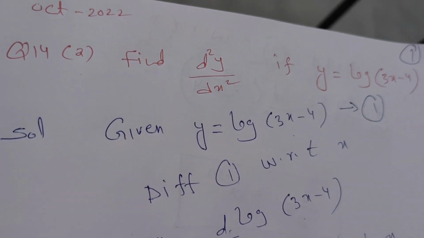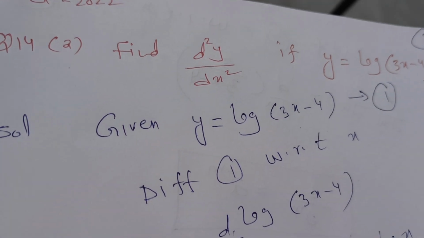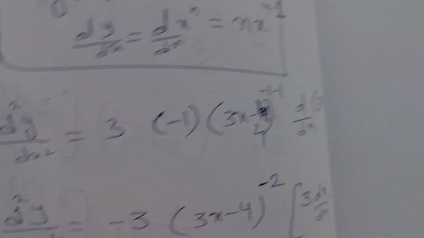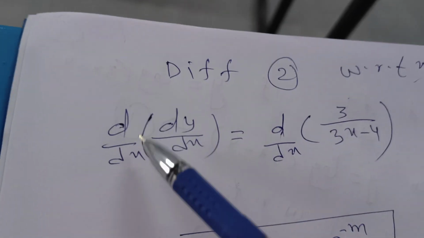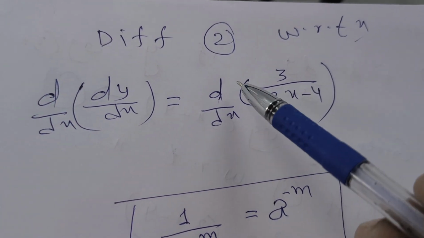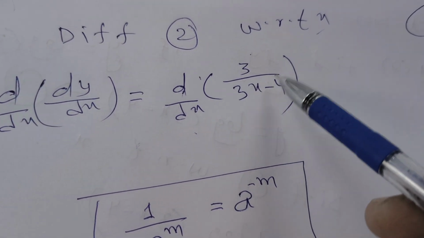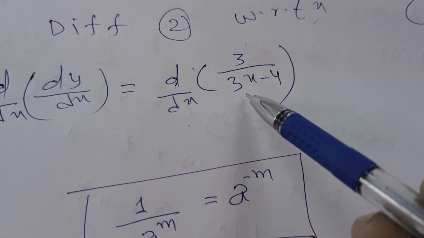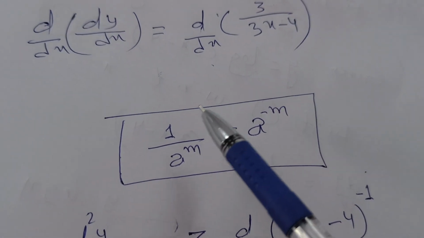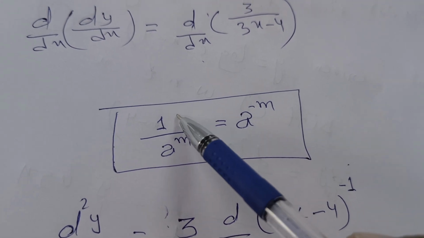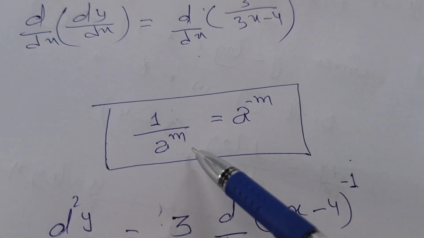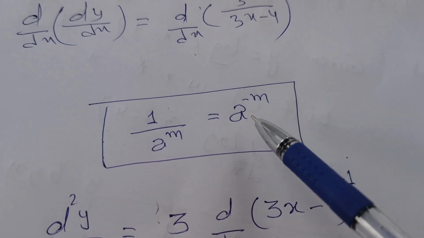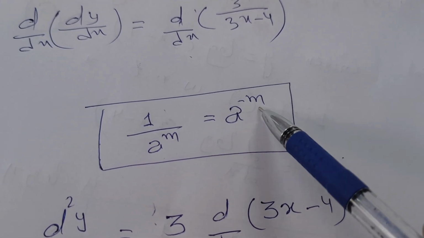Here we have to find out the second order derivative. So again we are differentiating equation 2. So differentiating 2 with respect to x, d by dx of dy by dx is equal to d by dx of the first answer, 3 by 3x minus 4. So we have one general formula, 1 by a to the power of m. When we write this value in the numerator, it becomes a to the power of minus m.